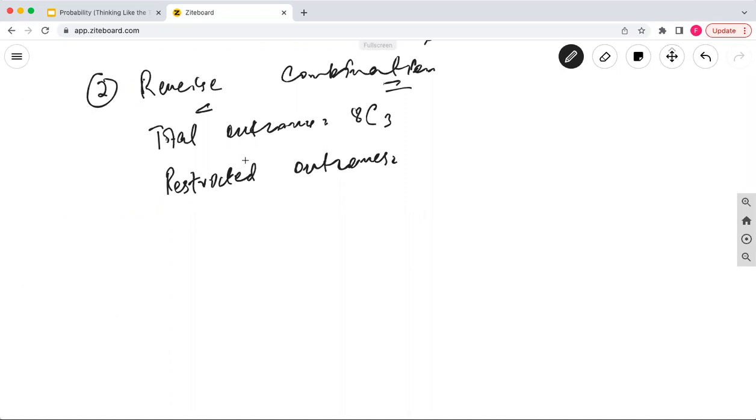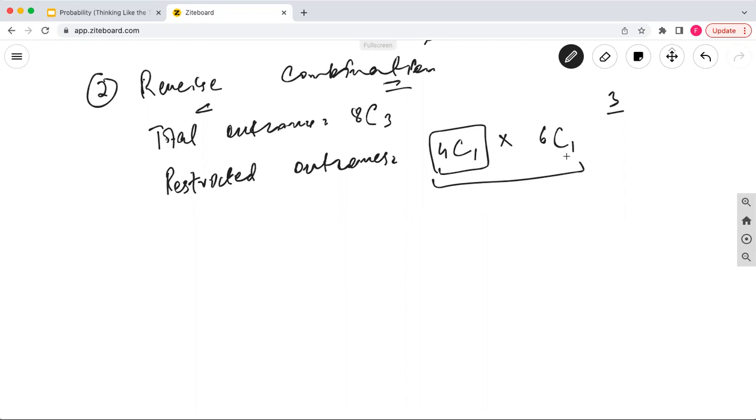So what are the restricted outcomes? How can I do that? I can do this way because we have 3 people, which means in a couple there are only 2 people. So if I straightforwardly select one whole couple out of 4, and for the rest I select out of 6, will this be the restricted outcome case?